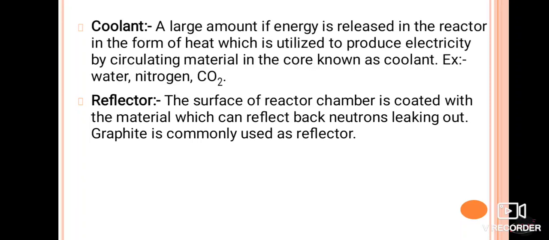Because of that material, the neutrons which leak out or go outside are reflected back, and the fission process continues to take place. The material used to reflect is what we call a reflector.